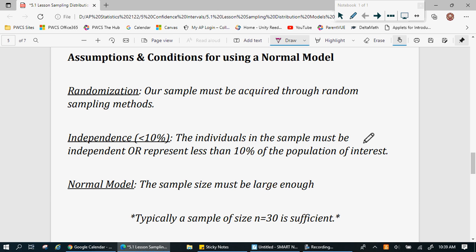I just said a minute ago that your sample distribution from your one sample doesn't need to be symmetric. But if your sample size is small, you're going to want your sample to be distributed approximately normally. If you want me to clear that up a little bit, just make sure you ask me, and we can talk about that more. 30 or more is usually a pretty good amount.